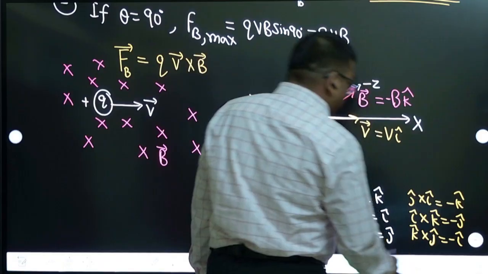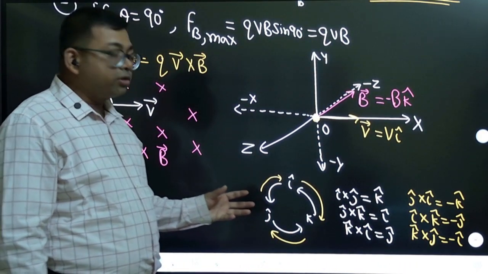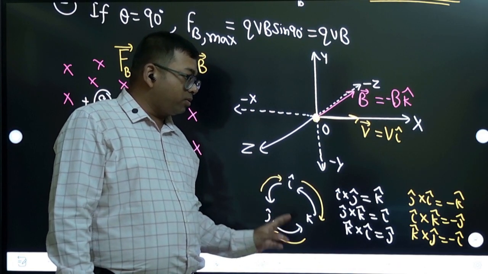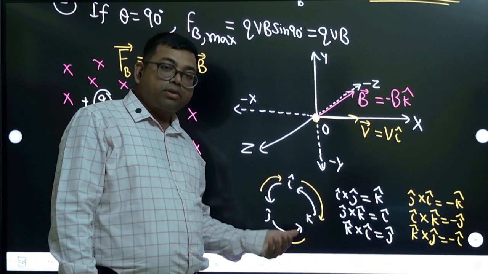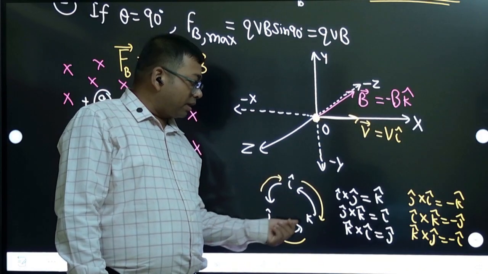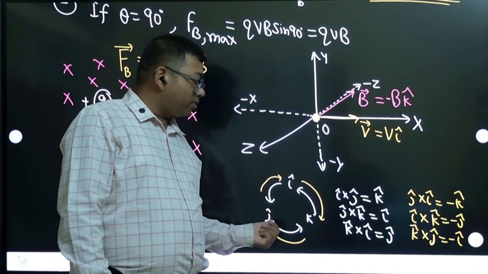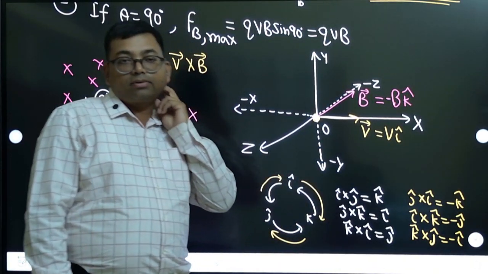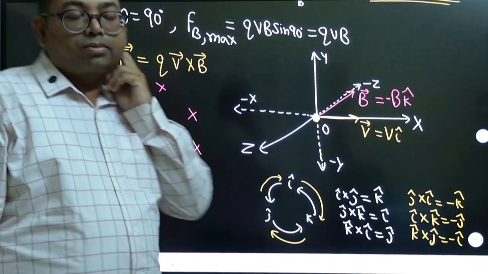So this is the basics of the cross product of unit vectors. If you take the cross product of two unit vectors, you will get the third unit vector, in cyclic order. If you go anti-clockwise, you get positive values; if you go clockwise, you get negative values. This is the cross product.